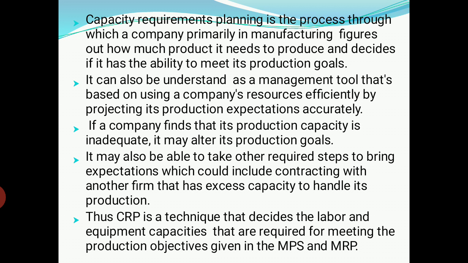See, I'll amalgamate both the points and try to explain it to you. If a company finds that its production capacity is inadequate, meaning it's not sufficient, it may have to alter the production goals. Suppose instead of 200 units, my unit is only able to produce 100 units. Then I don't want to lose my 200 units demand. What am I supposed to do?